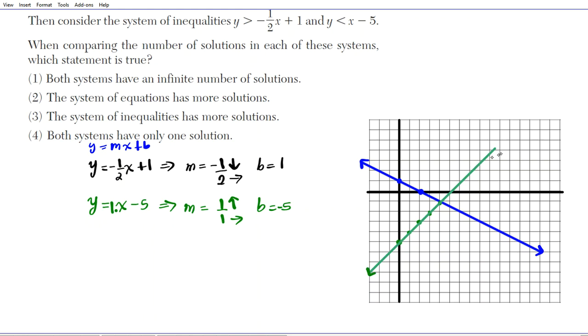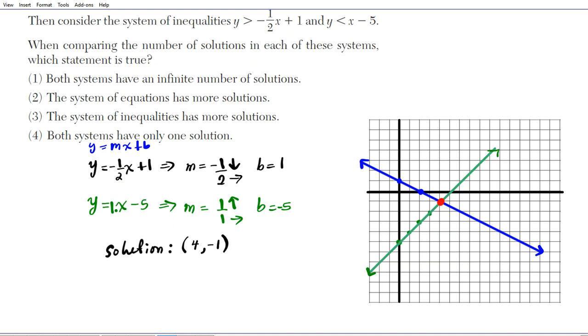That one solution is the point of intersection of the graphs of the two lines. This right here is the solution. So for this system of linear equations, you have one solution, which is the ordered pair 4 comma negative 1. Alright, so you have one solution.